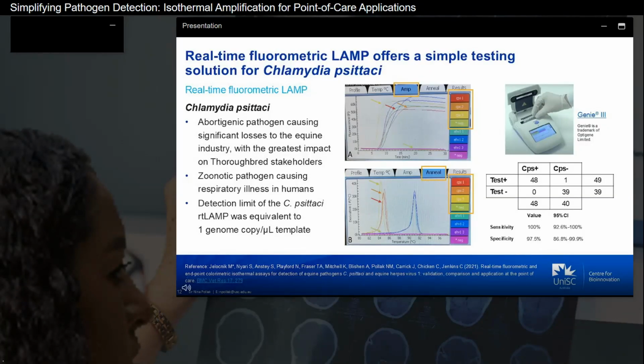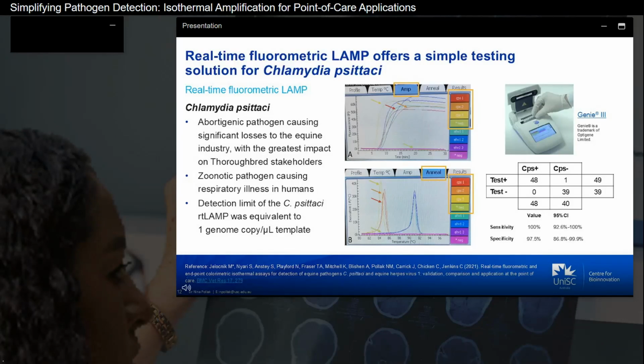This real-time fluorometer allows us to monitor the amplification in real time, so we can see how the curve appears. Additionally, LAMP assays can be run on these real-time fluorometers and have this special function of offering a high-resolution melt curve at the end of each amplification run.